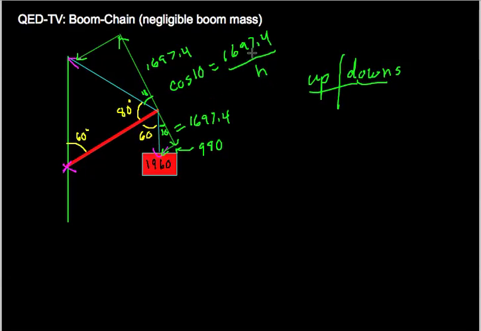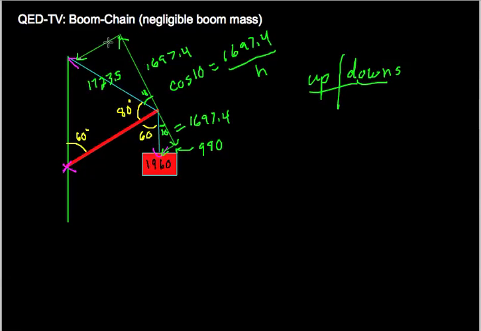So the hypotenuse is going to be 1697.4 divided by the cosine of 10, and that gives me a hypotenuse right here of 1723.5. And that's one of the things we had to figure out. We had to figure out what is the force in the chain. And so we just figured that out. 1723.5 would be this force that this chain is pulling up.